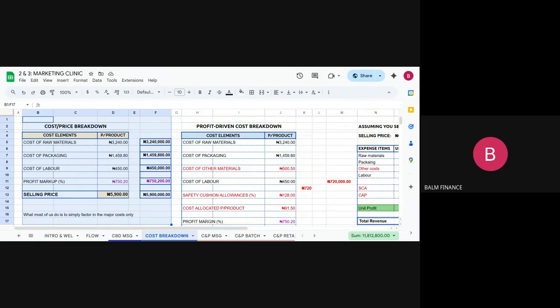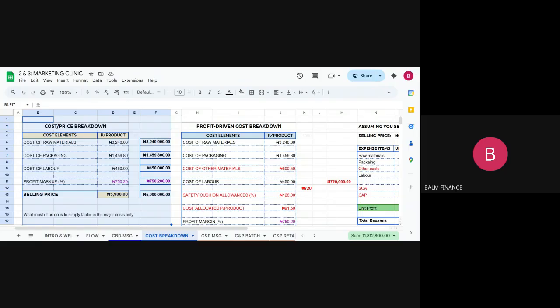And if we break it down to how she priced it on the pricing list, you'll find out that out of the 5.9 million, 3,240,000 will be for raw materials, 1,459,800 for packaging, and for labor, 450,000, and 750,200 naira will go to profit markup.